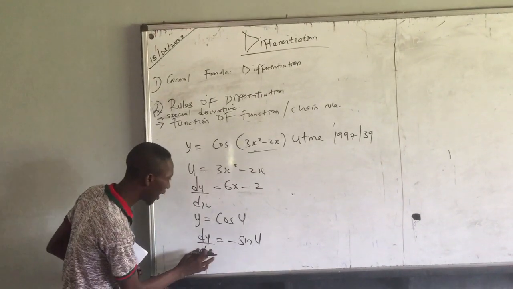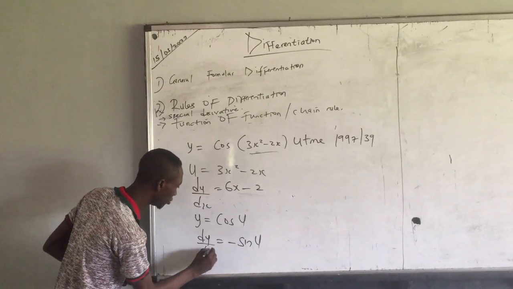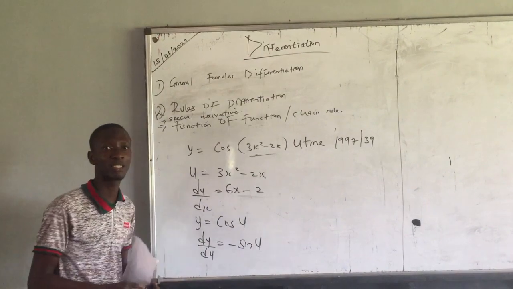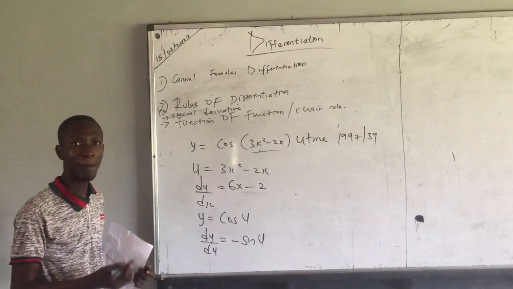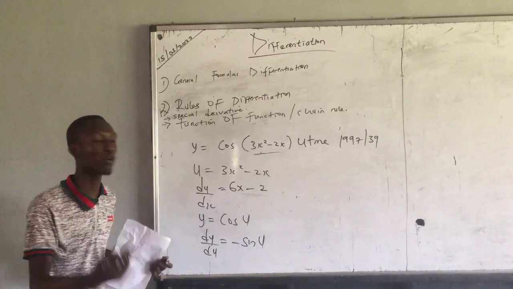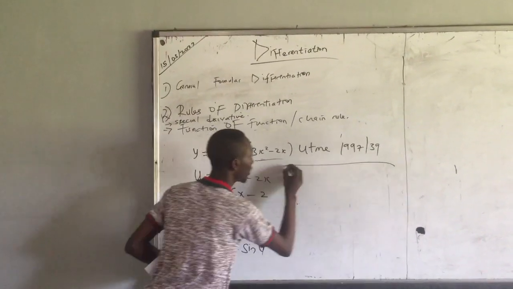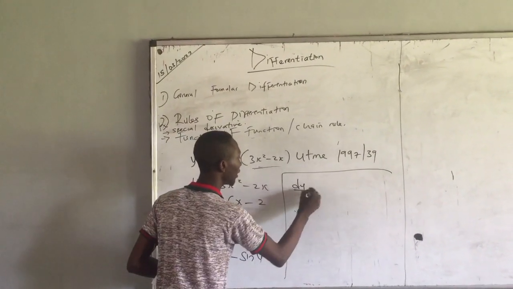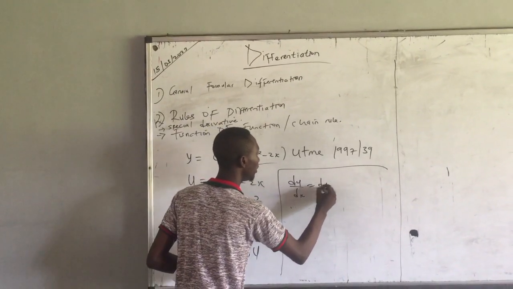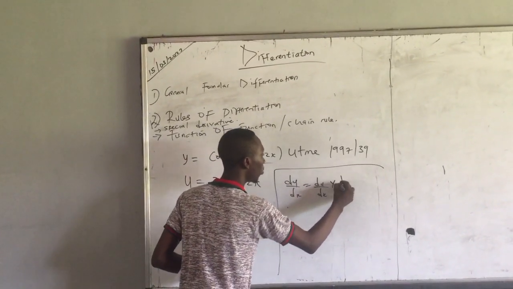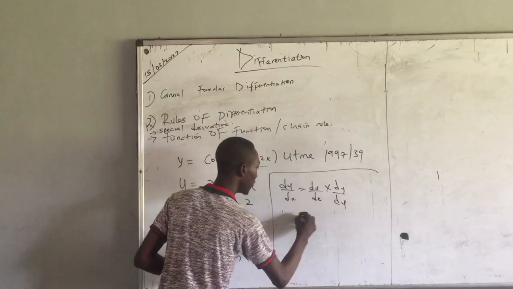Now we have gotten dy/du and du/dx. Now what do we apply? We apply the function of function rule, which is dy/dx equals du/dx times dy/du.